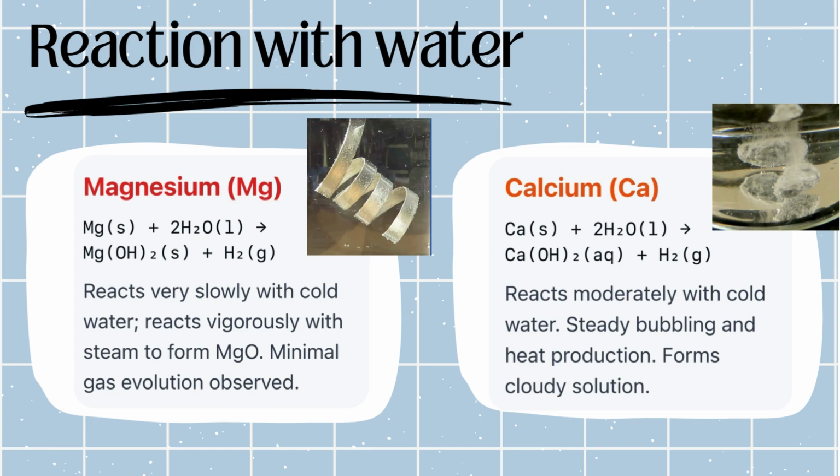And also, as we can see in the image, there is bubble formation, which indicates that gas is being released. And also, we see that there is a cloudy solution, because the reaction makes heat that forms a cloudy solution which is called calcium hydroxide.